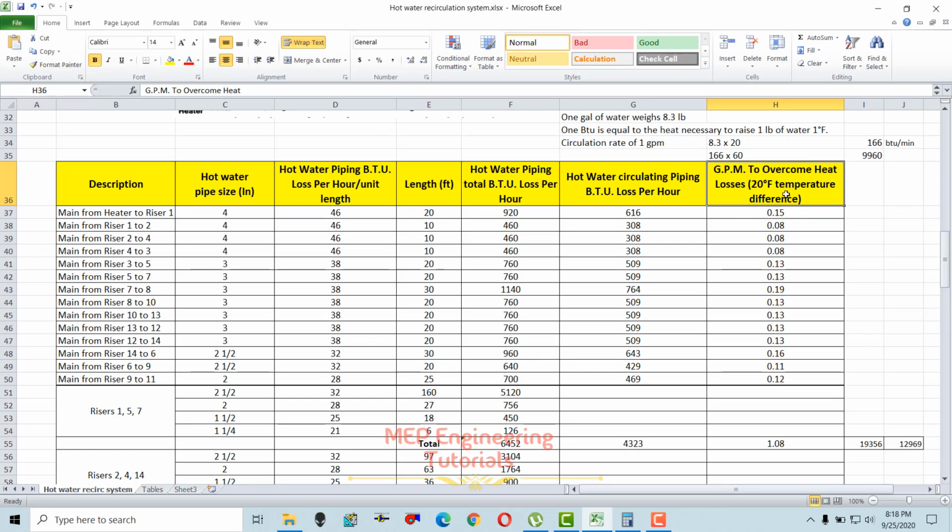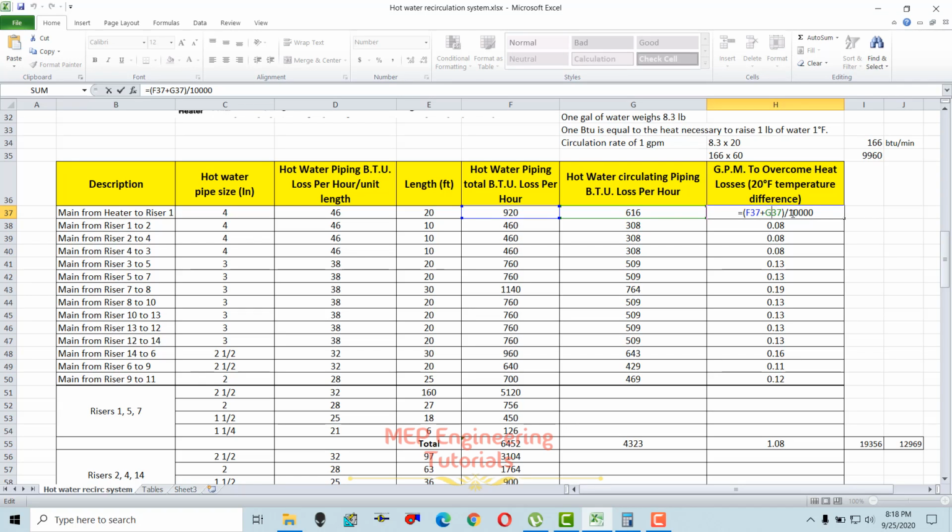So based on 20 degrees we calculate the GPM to overcome the heat losses. How will you get this one? You add the values for the hot water piping plus hot water recirculation piping, divided by 10,000. You will get the GPM.